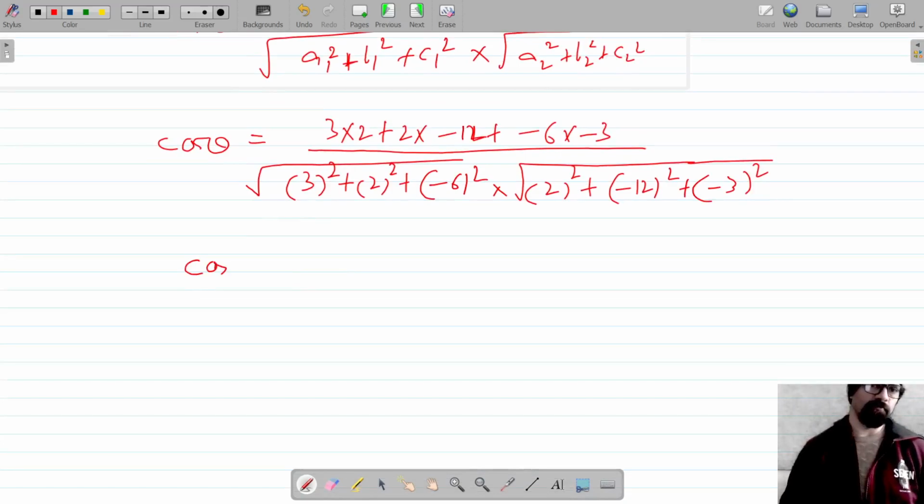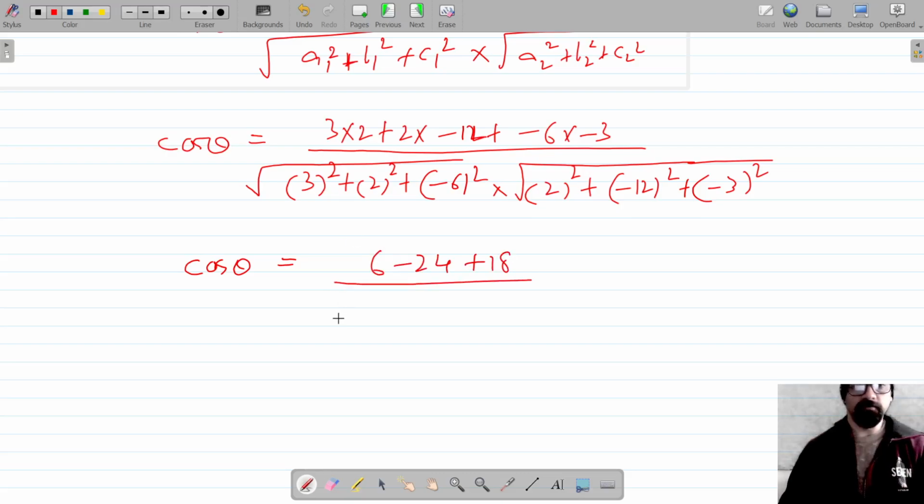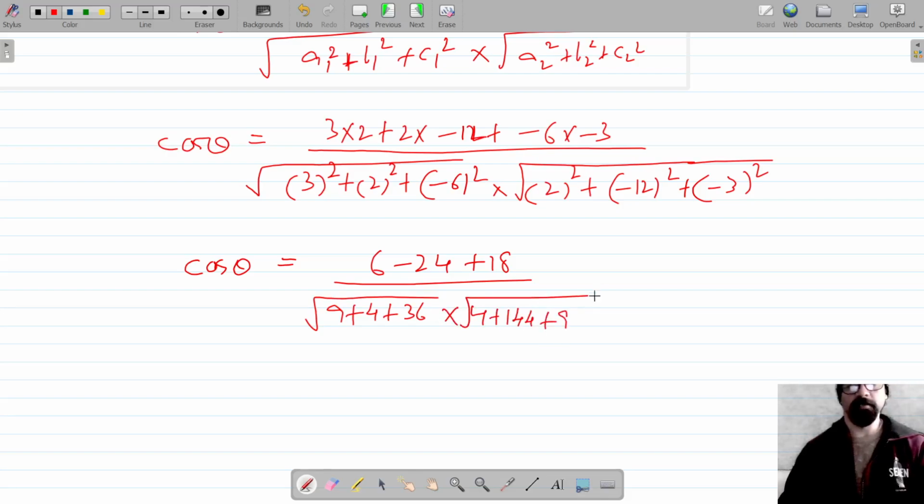Okay, let's try to simplify this. Cos theta is equal to 6 minus 24 plus 18, and the denominator is 9 plus 4 plus 36 into 4 plus 144 plus 9.